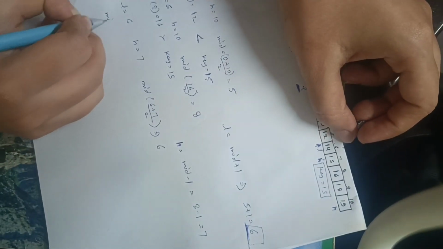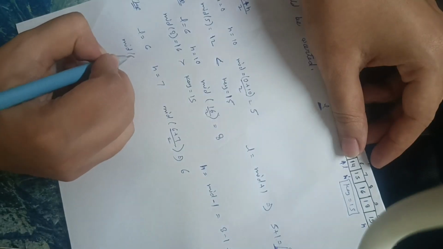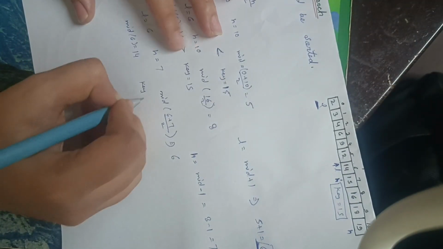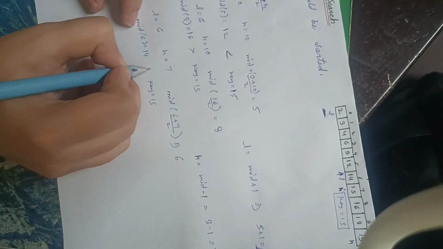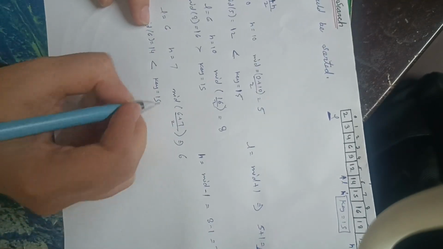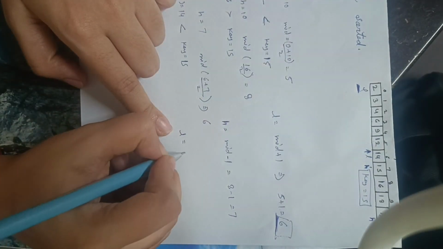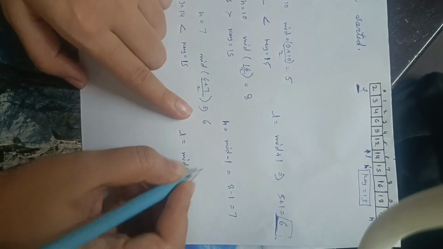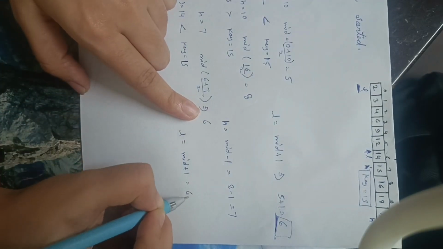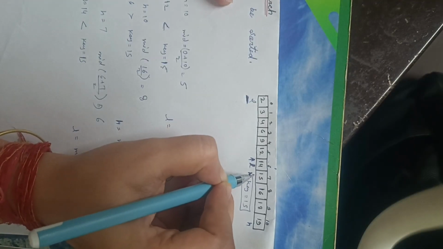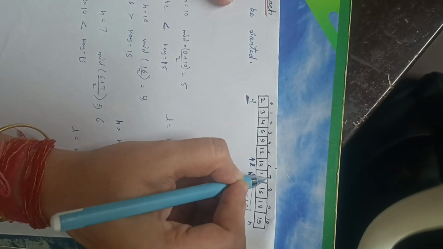So mid 6 equals 14 and key equals 15. The key value is greater than the mid value, so we update the lowest index to mid plus 1, where mid was 6, so 6 plus 1 equals 7. Now both lowest and highest become 7.